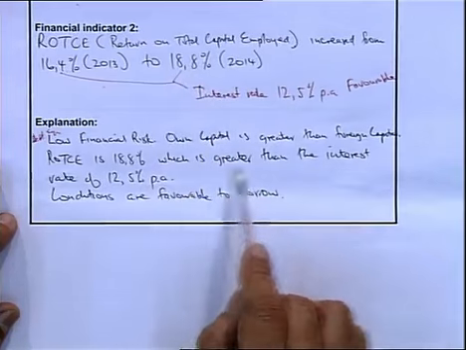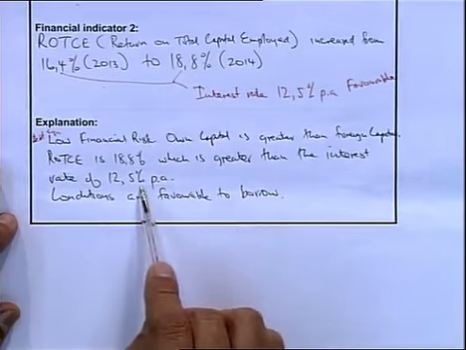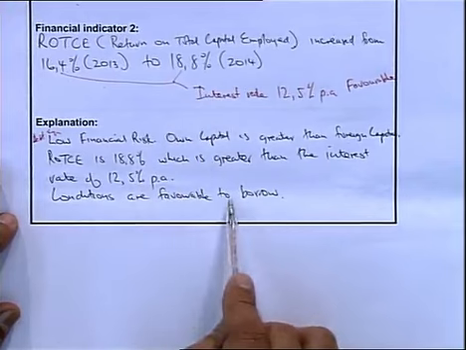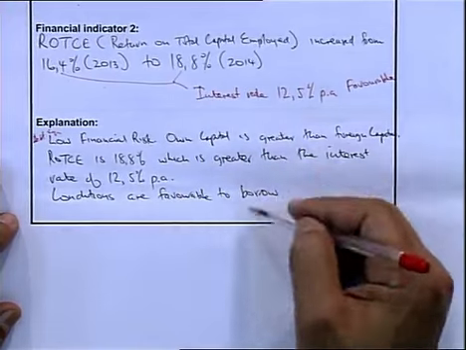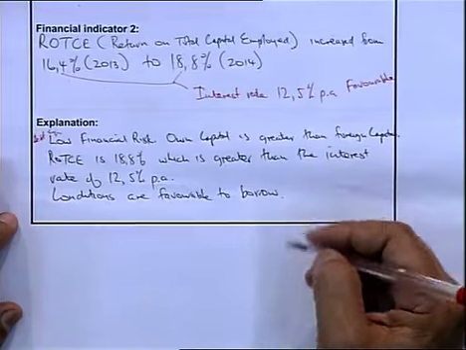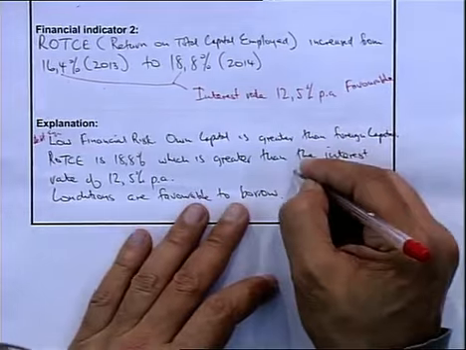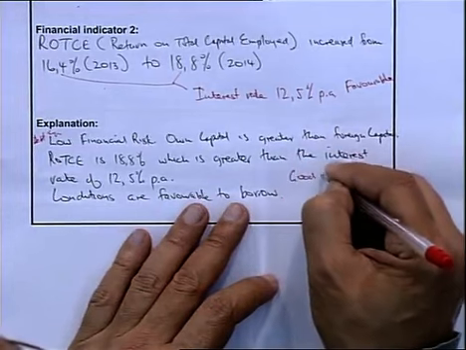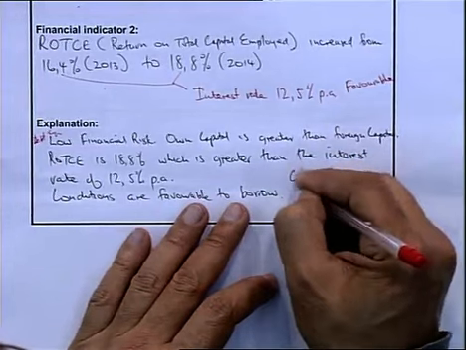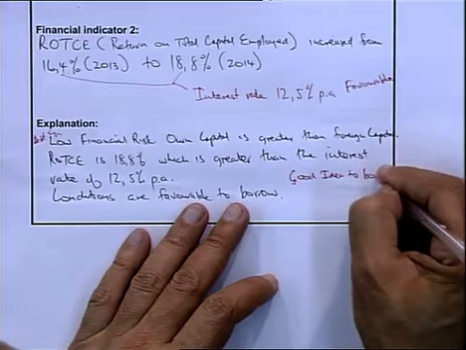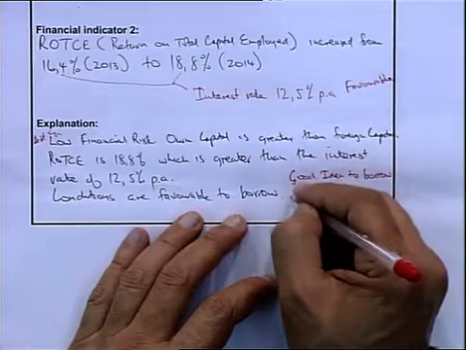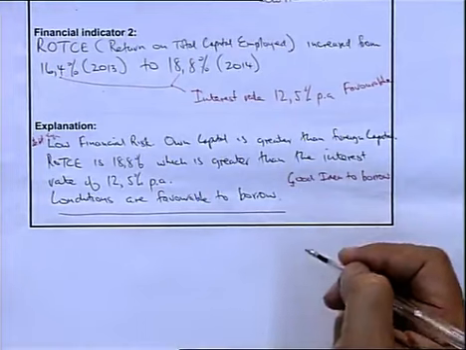And that is greater than the interest rate of 12.5%. So conditions are favorable to go and borrow. Okay, so that is why it was a good idea to go and increase. Okay, that was part of the question. So it's actually a good idea to borrow. Why? Because it's favorable conditions. Okay.